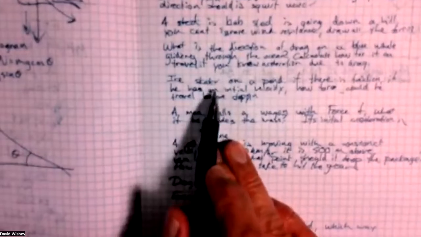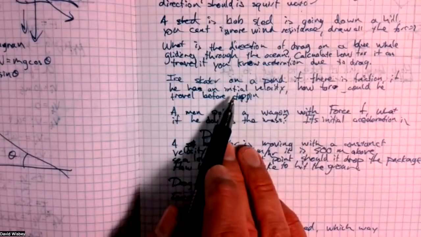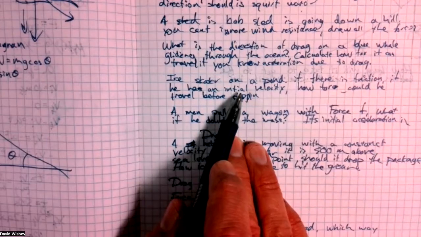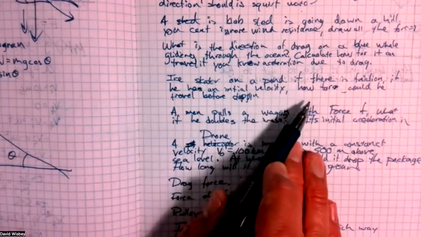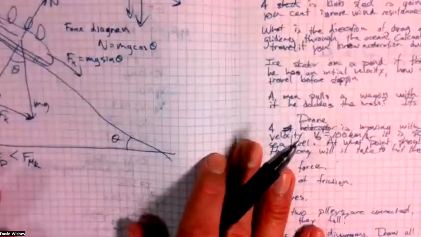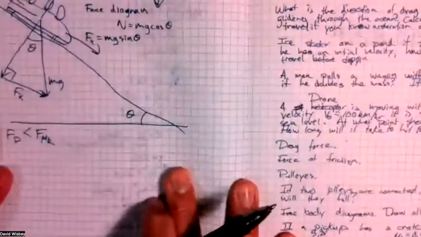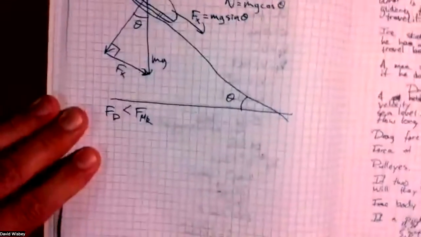So if there's a skater on a pond and there is friction, okay, let's say he has an initial velocity. How far could he travel before it stops? So it could be an ice skater. I guess we can go with this example of our bobsled, right?